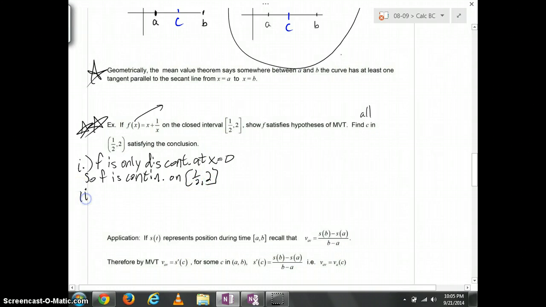The second condition, well, we need to take a look at the derivative. Well, remember, 1 over x is really x to the negative 1. And if we took a derivative here, f prime of x, we'd see that we'd have 1. And remember, the derivative of x to the negative 1 would be minus 1 over x squared.